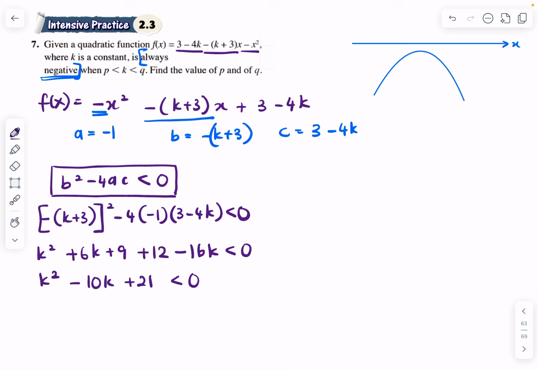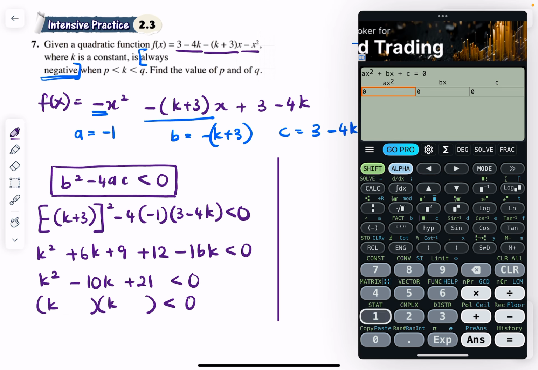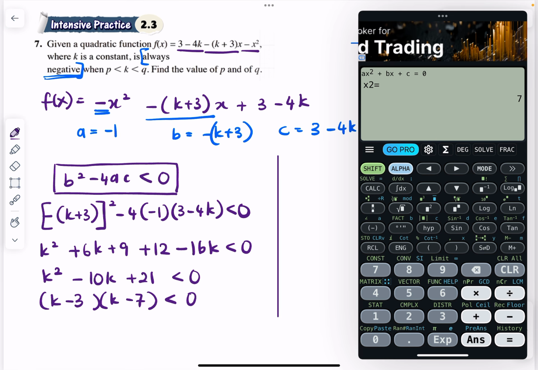Less than 0. Here we have a quadratic inequality. So first we try to factorize. You can use your calculator. A is 1, B is negative 10, C is 21. So we get k minus 3 and k minus 7.